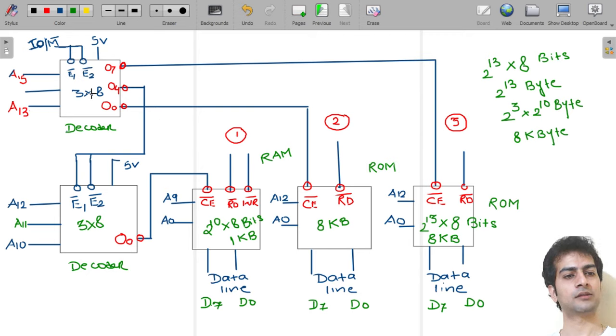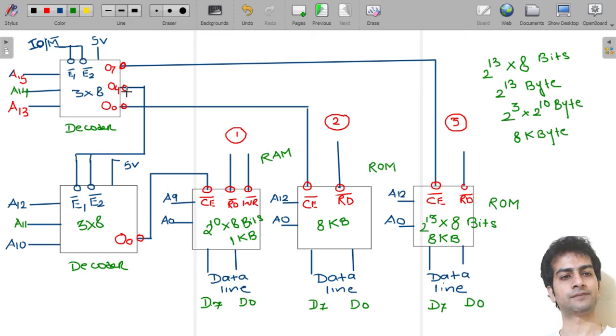Now coming to this, it is also a 3 cross 8 decoder, and here the address lines are A15, A14, A13. Now one output is coming to this memory, so this memory will be enabled when its output is O0, that is, input must be 000.